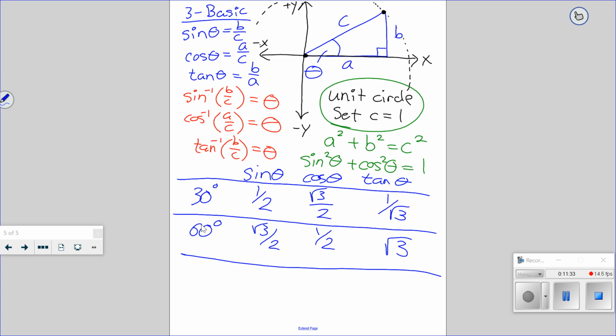Let's do one more that's my favorite. About 37 degrees, okay, that's the 3, 4, 5 triangle. So the sine is 3 over 5, the cosine is 4 over 5, and the tangent is 3 over 4. And its complement 53, they just trade places, and the tangent flips upside down. Okay, so they are literally just trying to get you to memorize those.